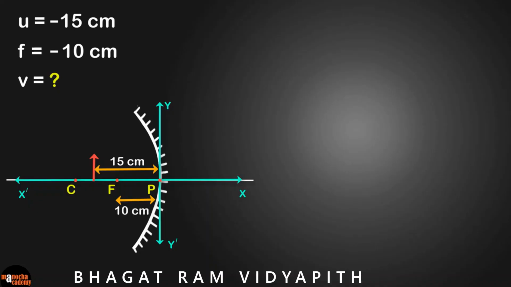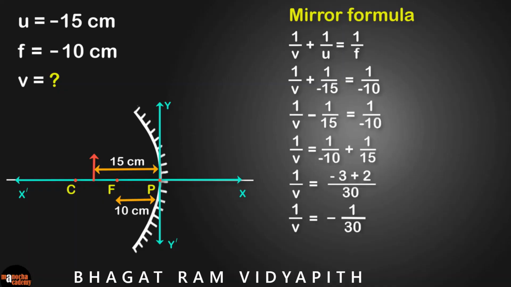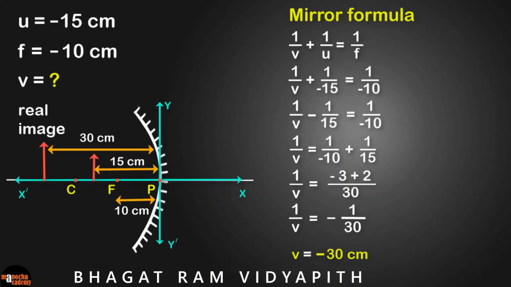To find the image distance v, let's apply the first formula, the mirror formula. 1 by v plus 1 by u equals 1 by f. Let's substitute the values with their correct sign. On solving, we get v equal to minus 30 centimeters. This means that the image is 30 centimeters from the pole of the mirror and along the negative x-axis. So it's a real image since it is formed in front of the mirror.